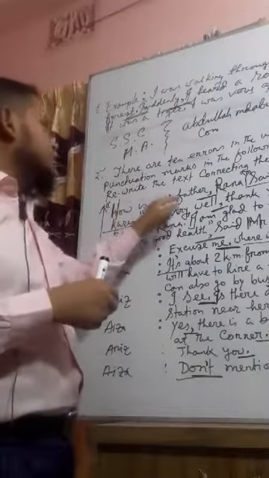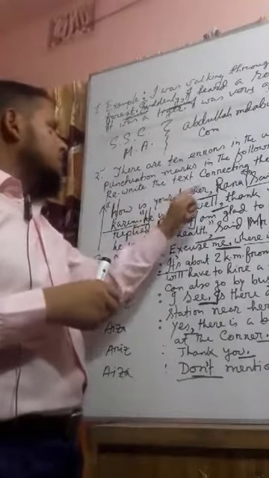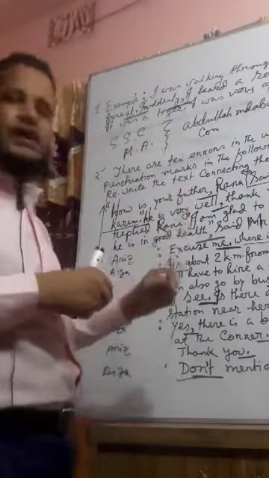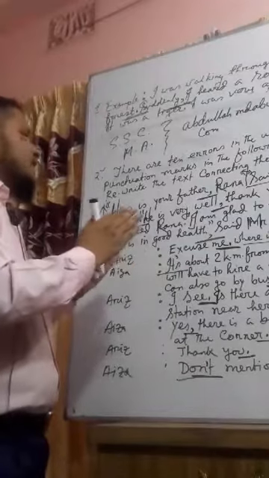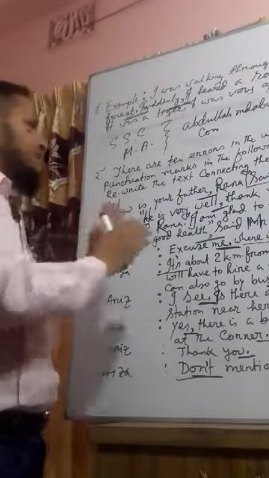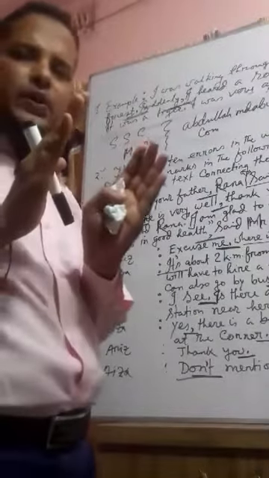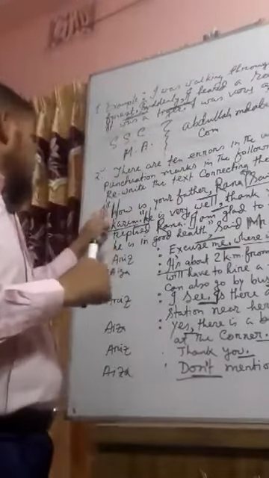How is your father, Rana? So, how is your father? That is an interrogative sentence. So after the sentence we have to use an interrogative mark. How is your father?